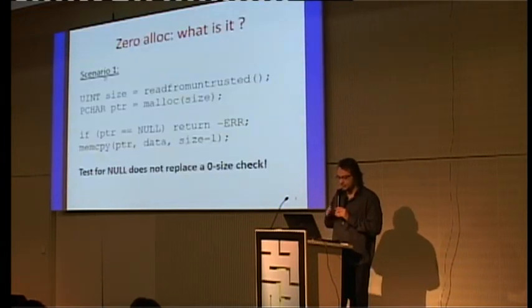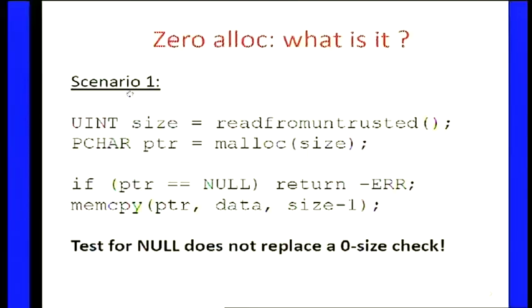So let's get started. What is a zero allocation? Obviously, you know that you have dynamic memory allocators on all desktop operating systems. Whenever you need to allocate memory dynamically, you call the function malloc. malloc takes a parameter that is the size of the memory you want to allocate.